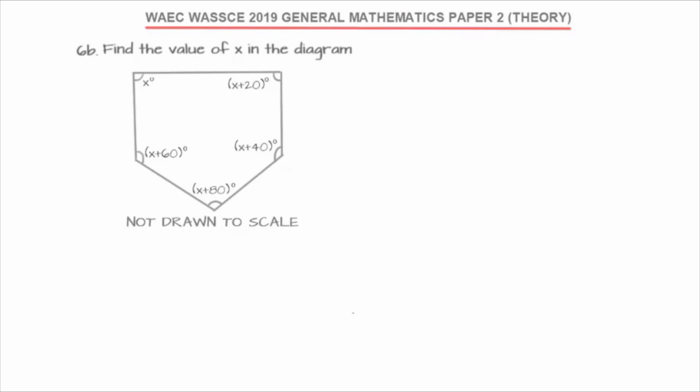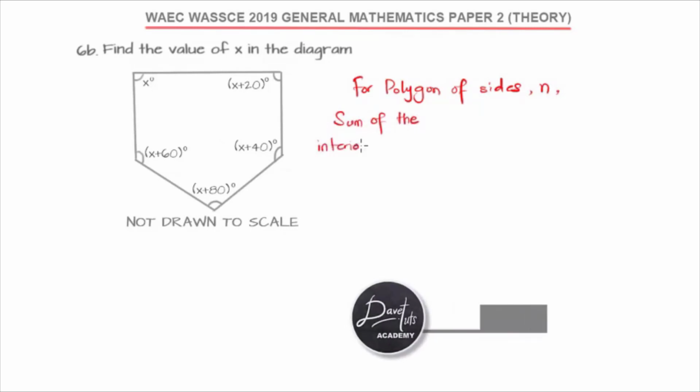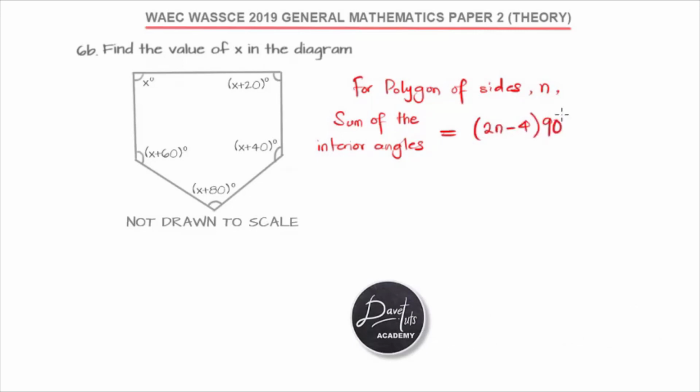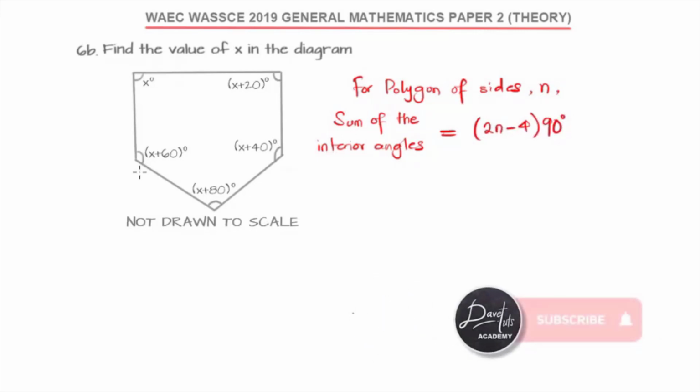In the diagram that we are given, we are to find the value of x. We are told that the diagram is not drawn to scale. We need to notice that this is a polygon. For a polygon with n sides, the sum of the interior angles is given by the formula (2n minus 4) multiplied by 90 degrees, just as written on the board.